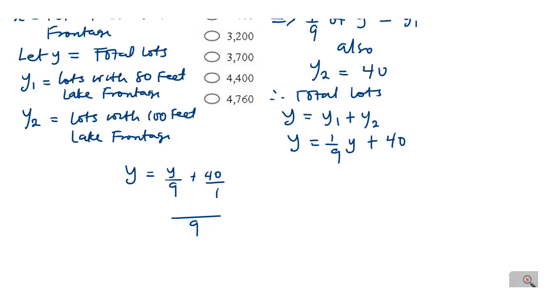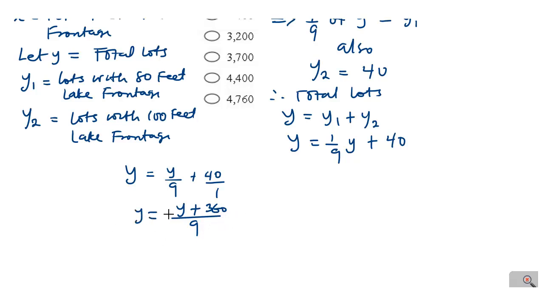The LCM here is 9. 9 divided by 9 is 1, and 1 times Y is Y. Then 1 in 9 is 9, and 9 times 40 is 360. So we have Y is equal to Y plus 360, all over 9.